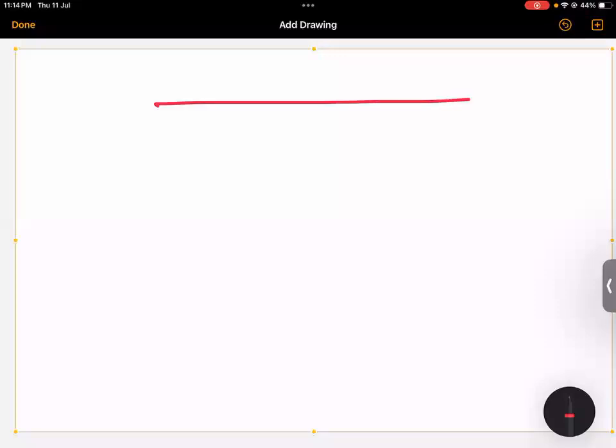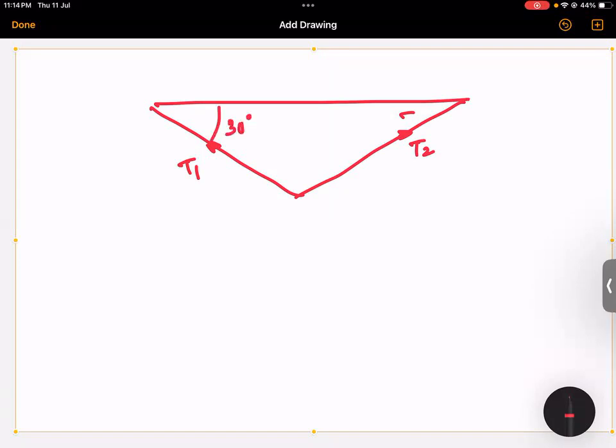Now suppose you have got a body like this. See over here, these are the two strings. One has tension T1 and the other has tension T2. This angle is 30 degrees and this is, suppose, 45 degrees. And the weight hanging over here is 200 Newton.